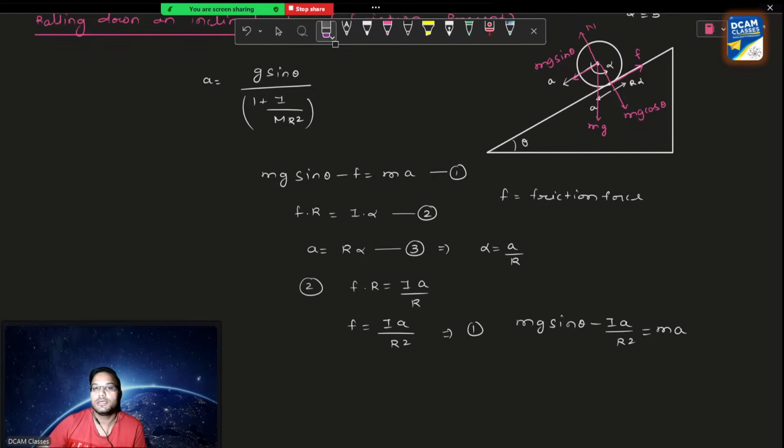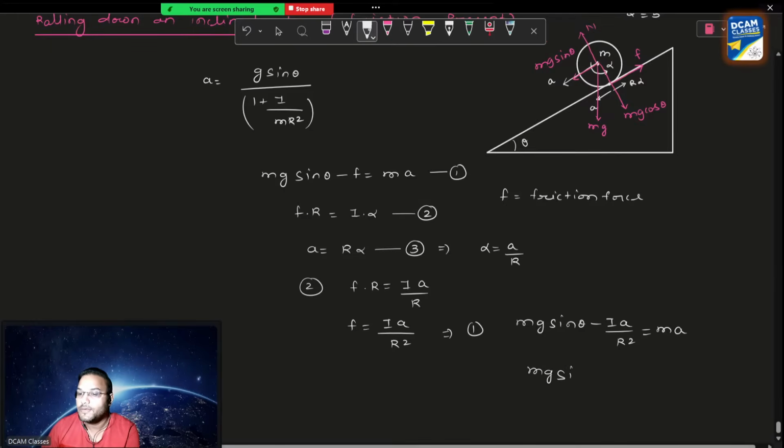Let me take this as small m, because we have taken the mass as small m for this rolling cylinder. So mg sin theta will be equal to (m plus I by R²) into a.